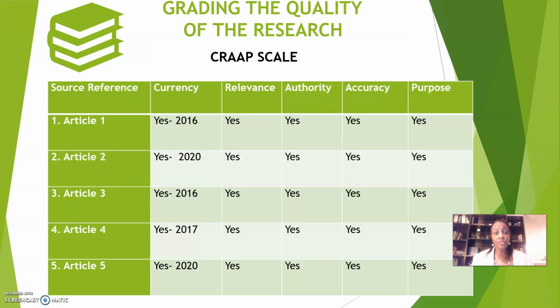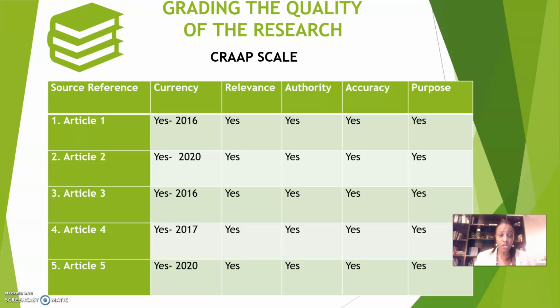Grading the quality of the research. In order to grade the quality of the resources that were used, we utilized the CRAP scale. As you can see, the articles are listed to the left, and the currency, relevance, authority, accuracy, and purpose was the scale that was determined to determine the validity of each resource that was used.